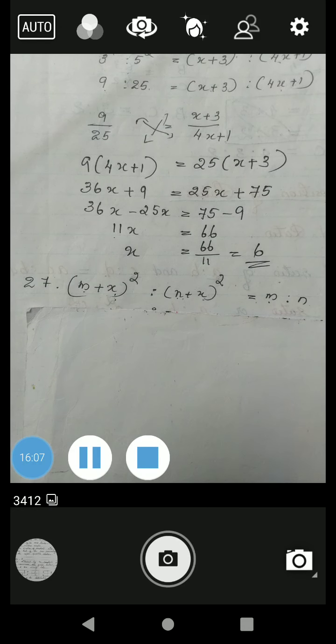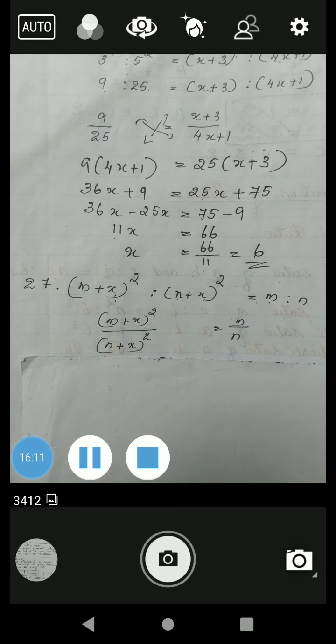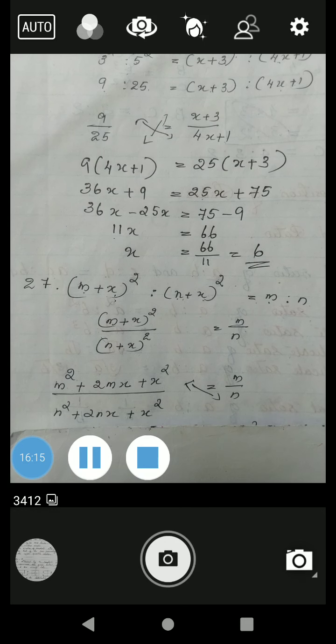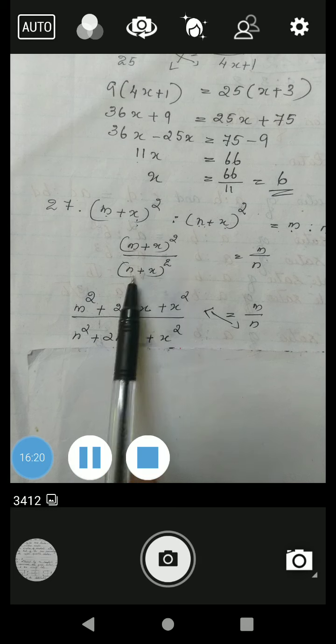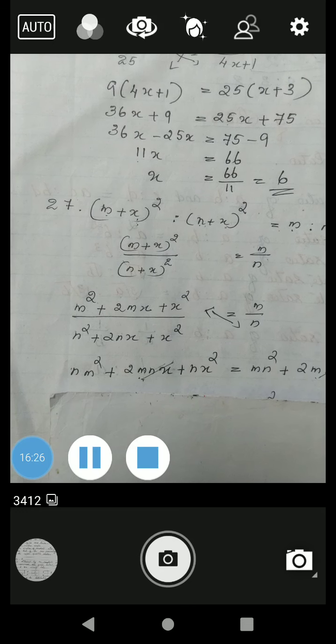So, in this way. Now, write in fractional form, both sides. Then expand it. Expand using a plus b the whole square form. You can expand and cross multiply. You can see.